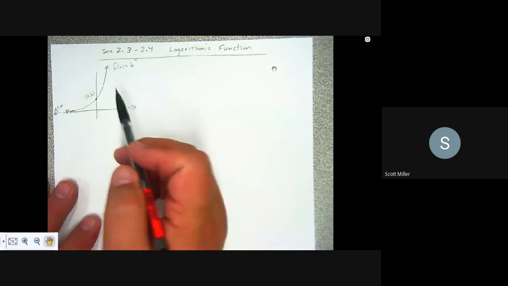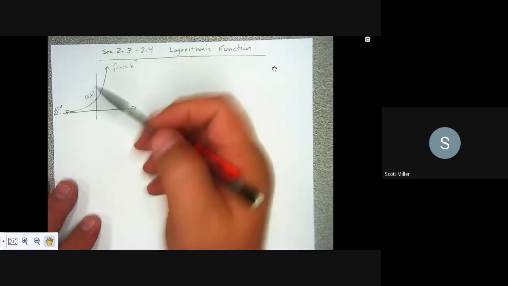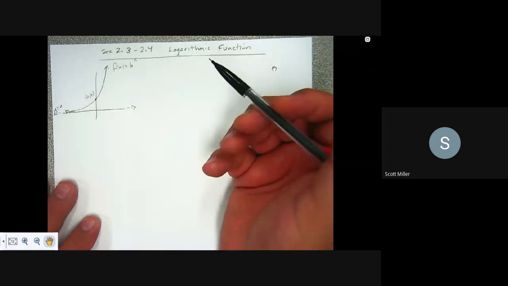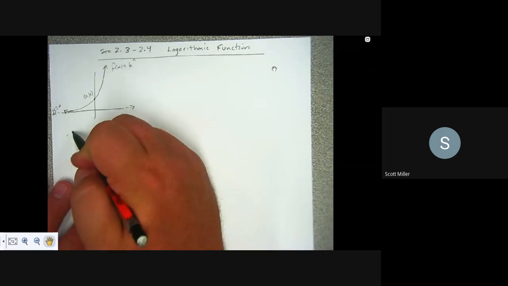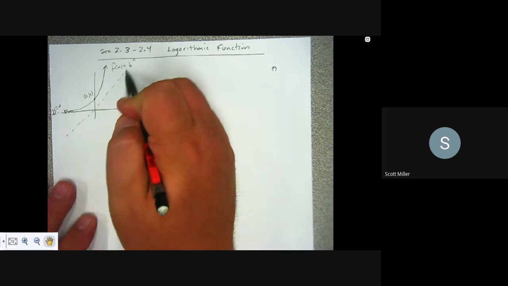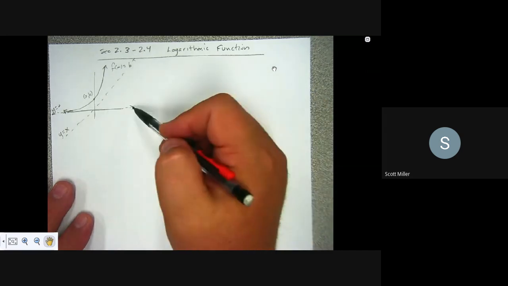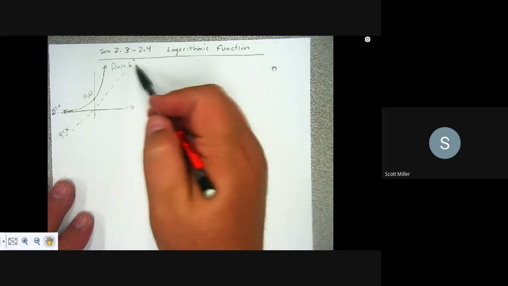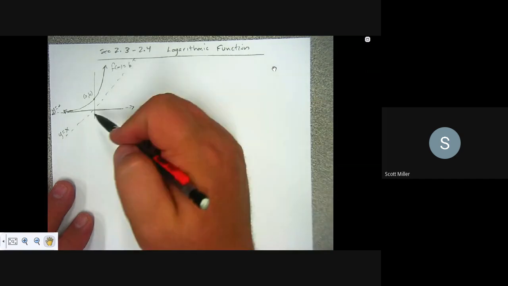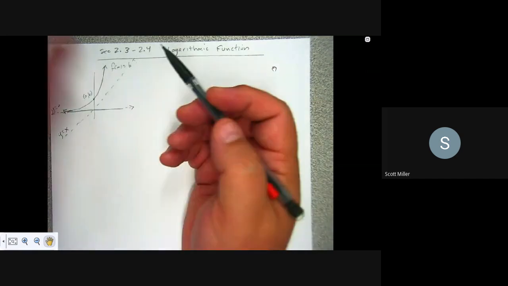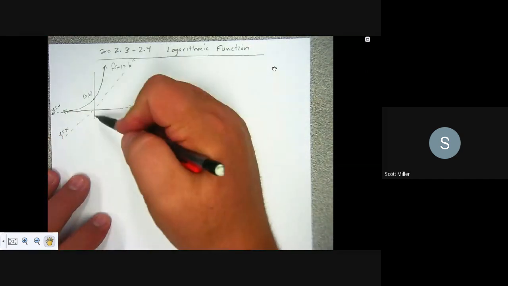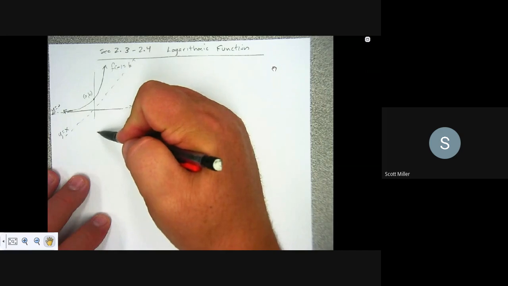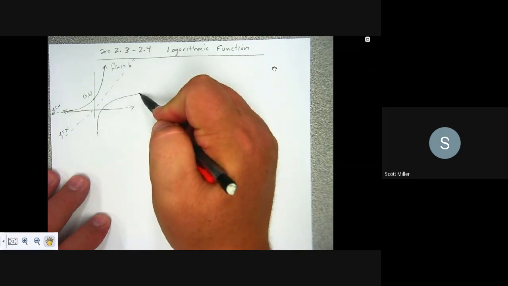Because it passes the horizontal line test, I know that this function will have an inverse function. There is an inverse, a reflection across the line y equals x, over here, and that is going to be the inverse of this exponential curve. When I flip it across this line, it's going to look something like this. It's going to come from down here, and then it's going to curve off and go this way.